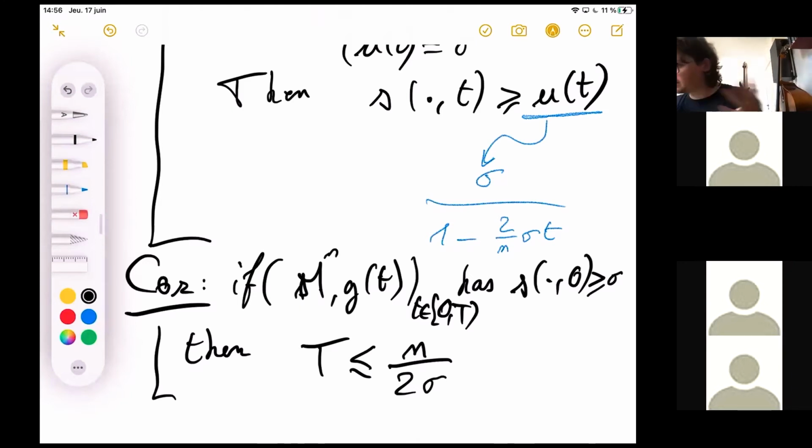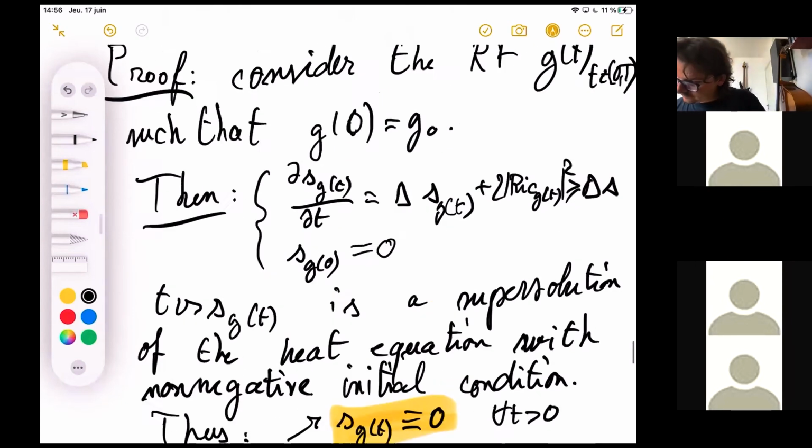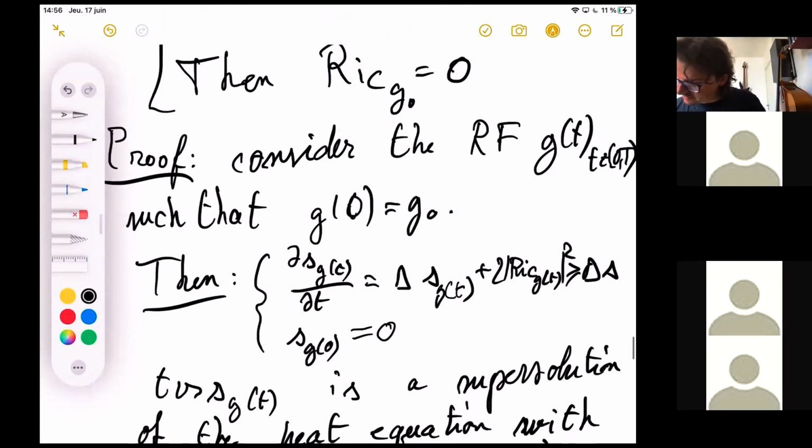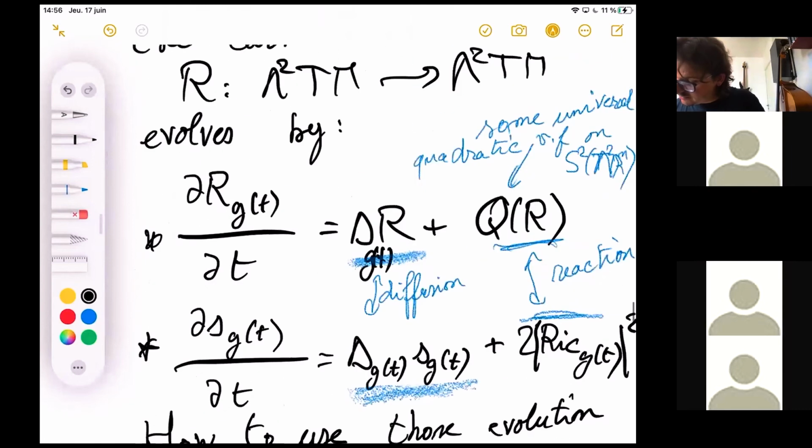Okay, so so far we have only used our evolution equation for the scalar curvature, and in the last half an hour now, I will try to show an example of how you can take advantage of this system here. We had a maximum principle for a single equation.